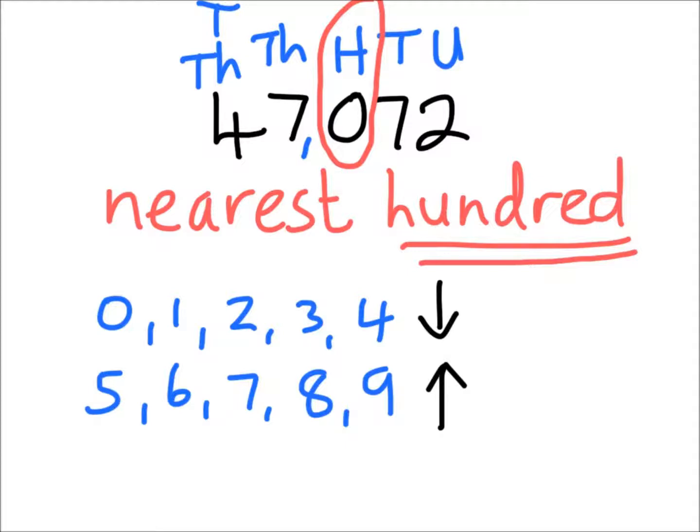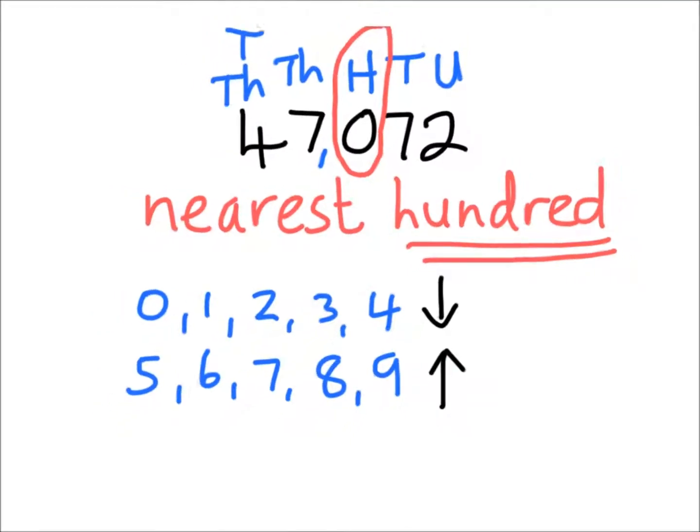So we can see very clearly that we've identified the hundreds column. We now look at the column that comes after it, the tens column. We've got a 7 in the tens column, and a 7 means we round up. That means that our 100 is going to be rounded up.